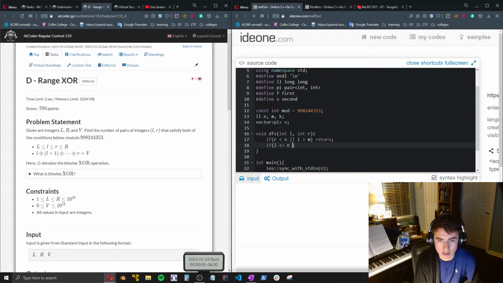If L is less than N, and R is greater than M, no. L is greater than N, and R is less than M, P dot push R.